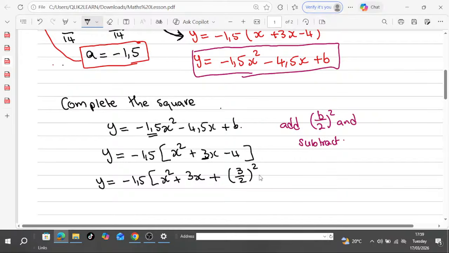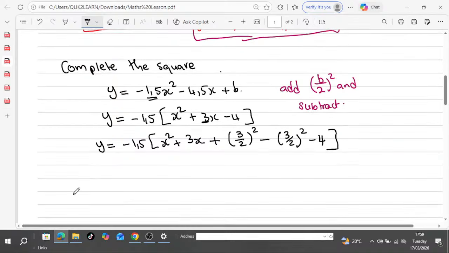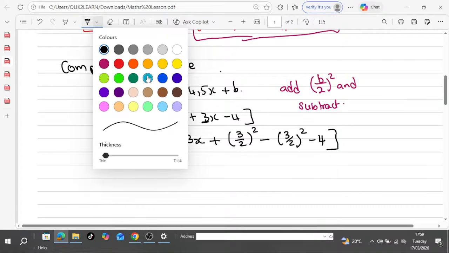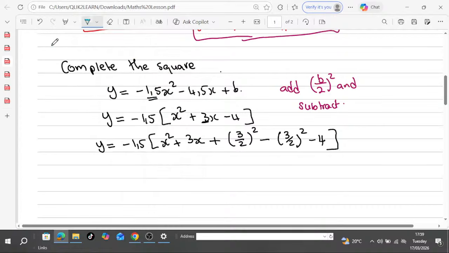You add this, then you subtract it. So we subtract the 3 over 2 squared, then we still have the minus 4. Right, so what I need you to do is punch this. Okay, let's first look at this.